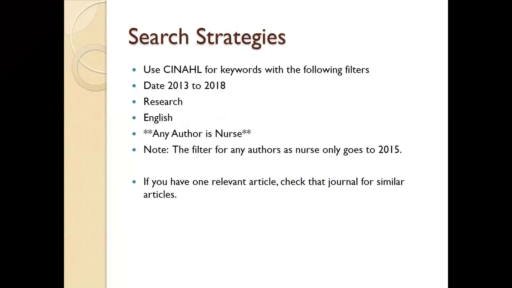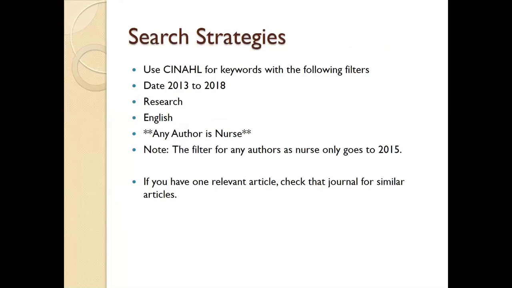So for key strategies, the database I like to start with is CINAHL. That's an EBSCO product, so I'll show you how to get there. Do the last 5 years, and you'll want to click on Research, English for language, and they have an option for any author is nurse, and that's very helpful, except right now it only goes to articles up to 2015.